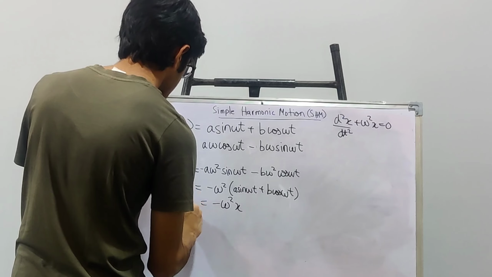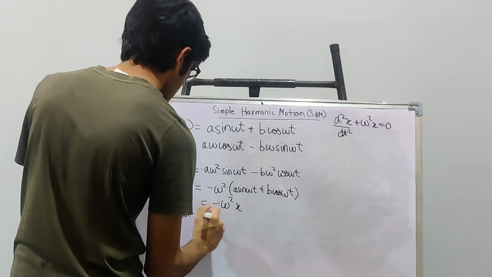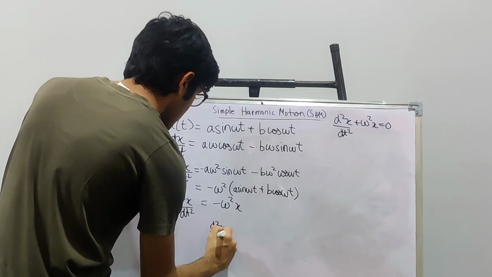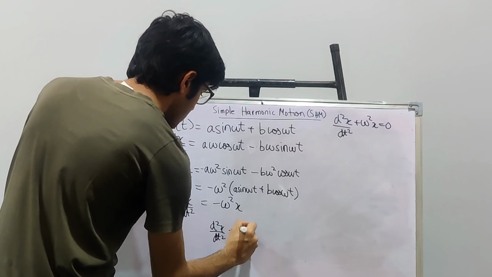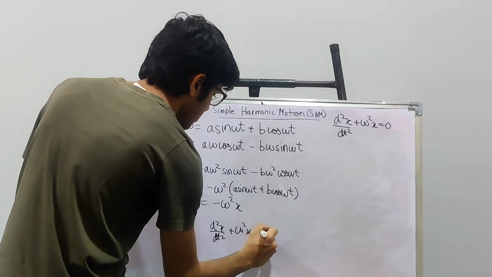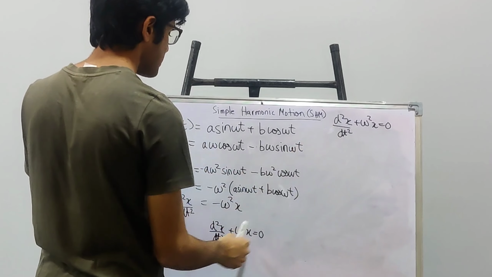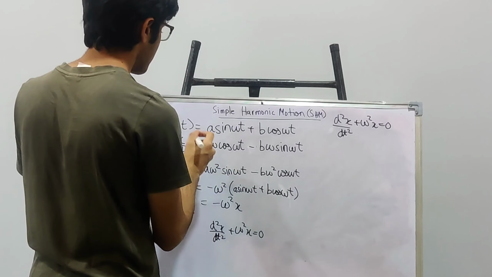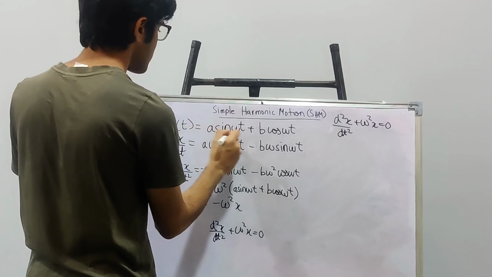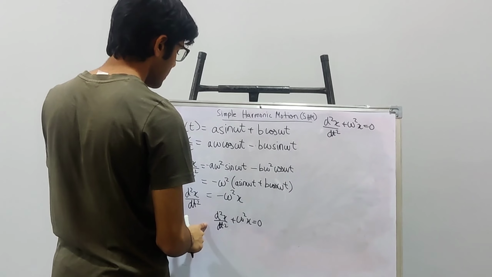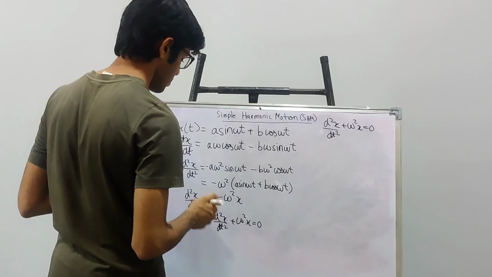So d square x by dt square is minus omega square x, that means d square x upon dt square plus omega square x is equal to 0. We can see that the differential equation for SHM has come. That means a particle with this harmonic function a sin omega t plus b cos omega t will definitely execute simple harmonic motion.